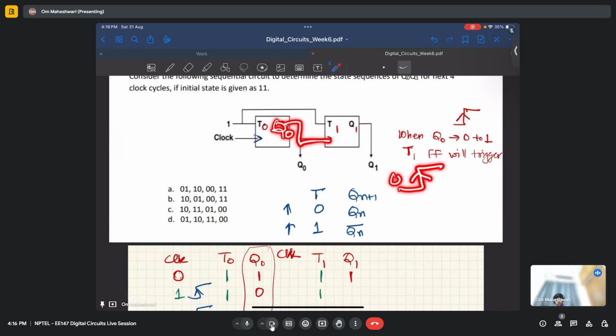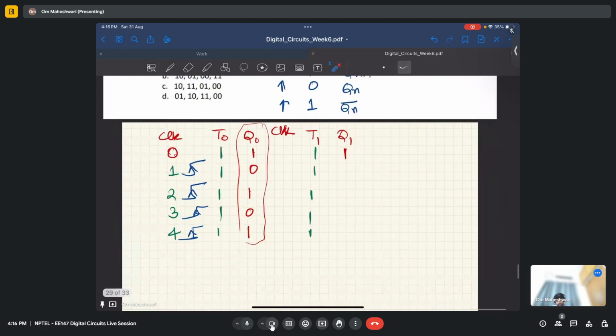When Q0 goes from 0 to 1, your T1 flip-flop will trigger. So this is a negative edge, 1 to 0. This is a positive edge. So here it will trigger, it will remain 1, it will go 0 here.